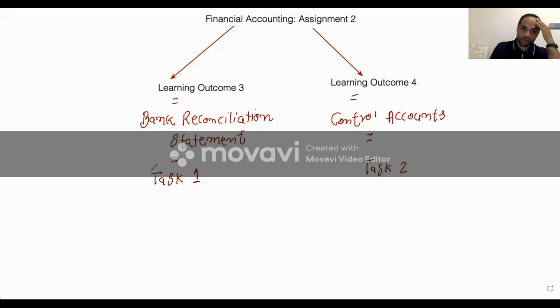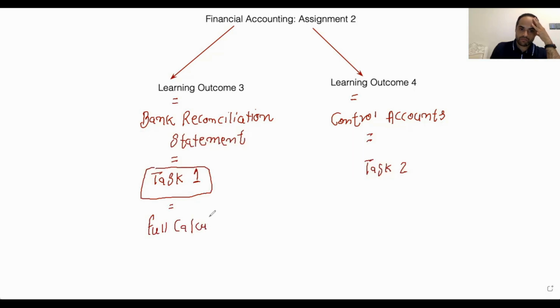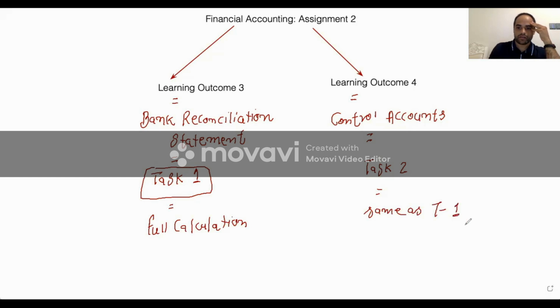In task 1, of course, it's all calculation, right? And same thing here. Same as task 1, you also have a full calculation.